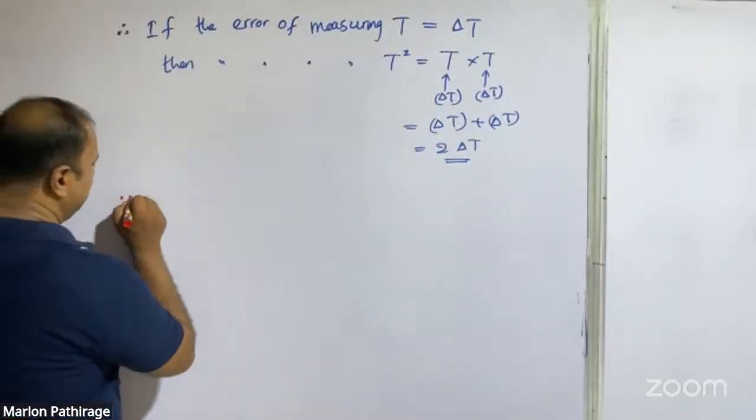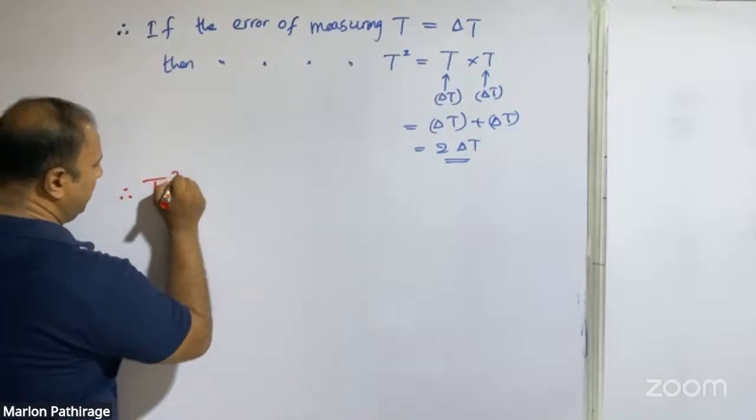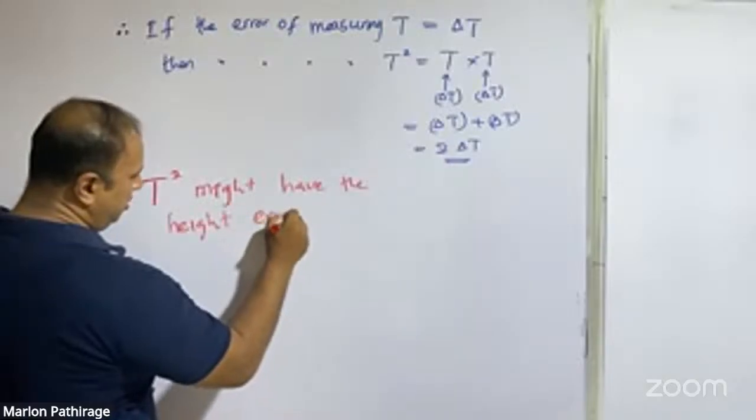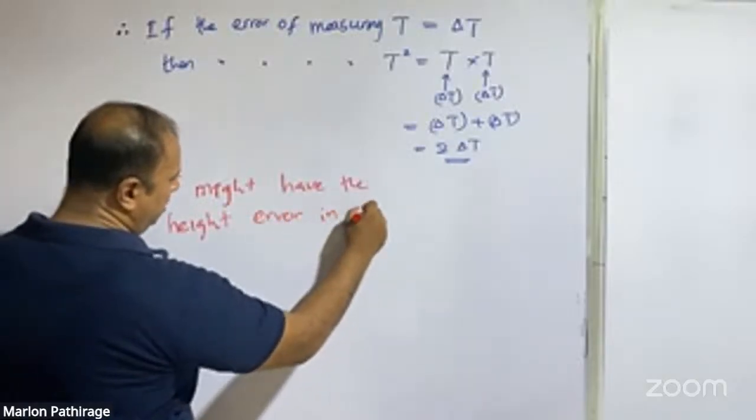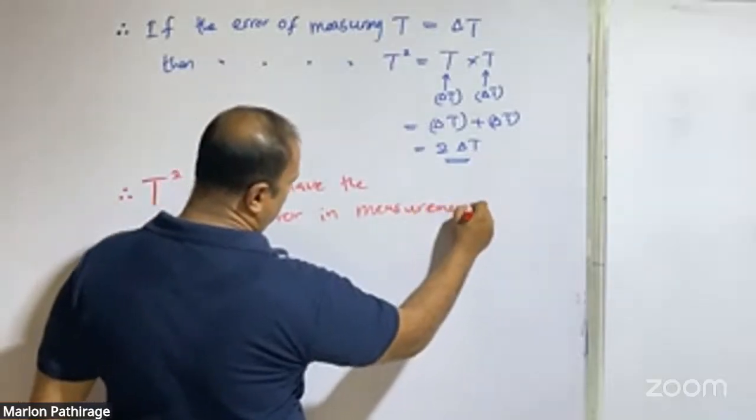Therefore, T squared has the highest error in measurement.